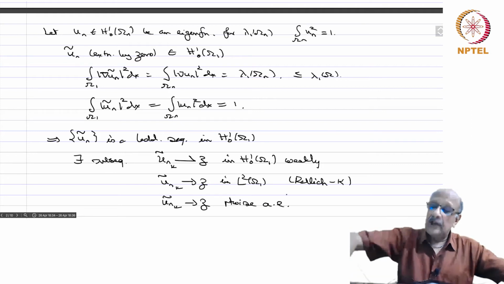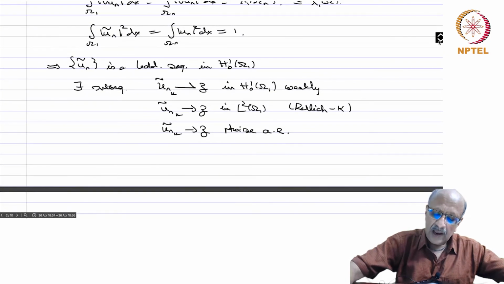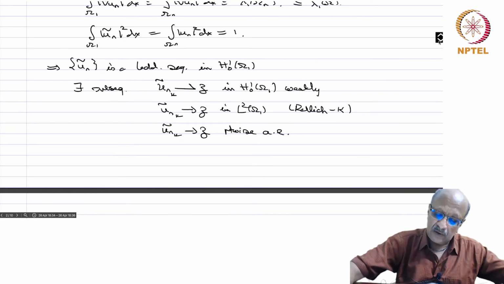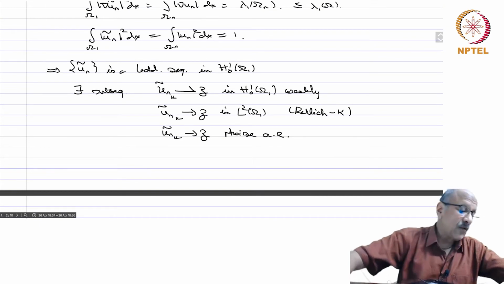Because it converges in L2, you can have a further subsequence which converges pointwise almost everywhere, and we look at that particular subsequence where all these three things hold together, all in L2 of Omega_1.